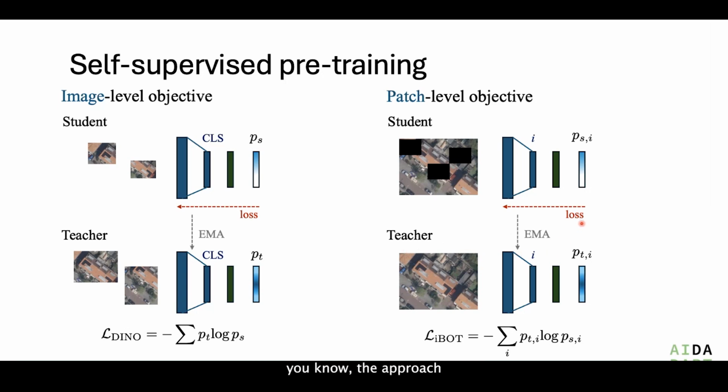The approach I mentioned before is the same, but it is to actually come up with what would be the class or the probabilities for the tokens that were masked. So here, before it came from the CLS token, as I mentioned, but here it is actually coming from those patches in the sequence of the image, right? And through these two losses and another bag of tricks that you can also check in the paper, you can make this pre-training work very well.